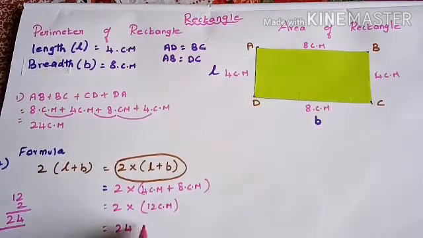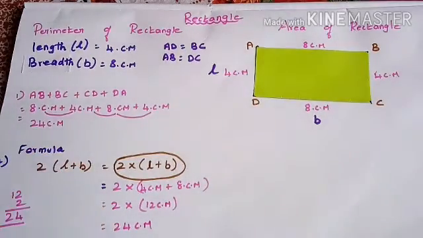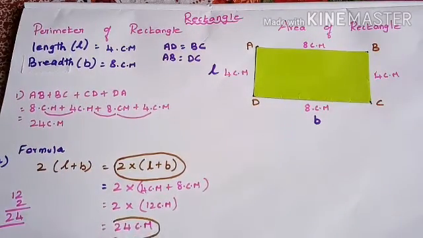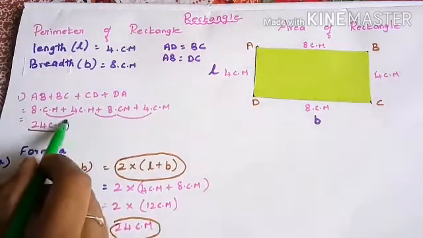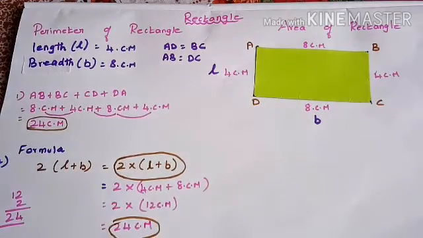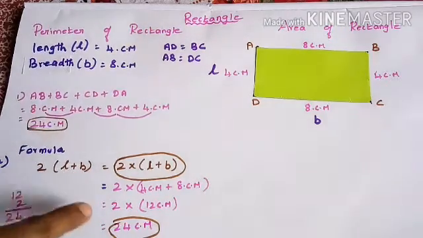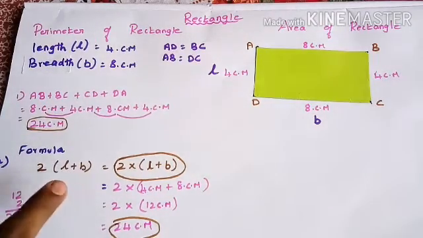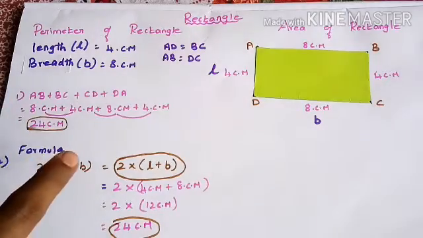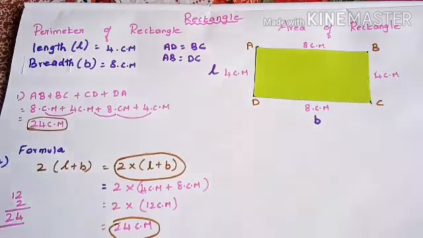So 24 centimeter. Look at this, we get same answer here, 24 centimeter and 24 centimeter. So this is the way to find the perimeter of rectangle in common method and formula method. If they are asking the formula method only, you should do this method only.